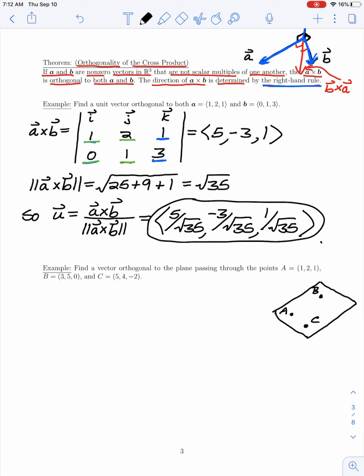And what I'm looking for is a vector which is orthogonal to this plane. That is, a vector which is sticking out from this plane at a 90-degree angle. So one way that we could go about finding such a vector would be to consider 2 vectors which lie within this plane and then take their cross product.